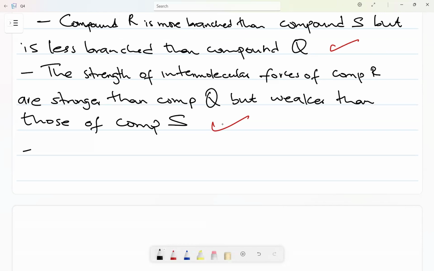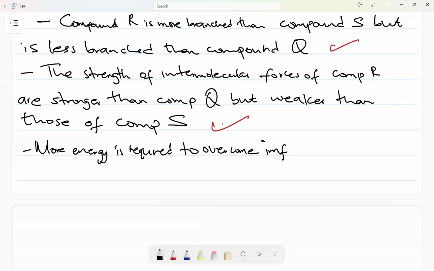So then you say now more energy is required to overcome intermolecular forces of R than Q, but what?